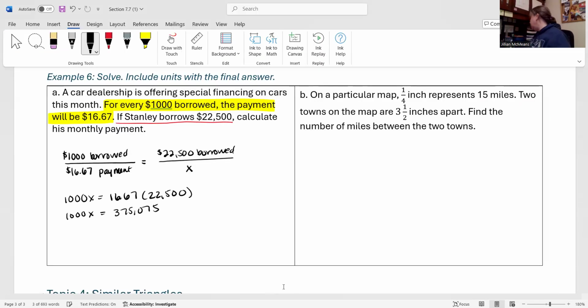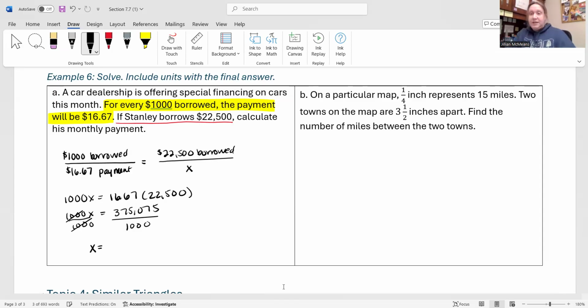Let me check to make sure I don't forget the number. Yeah. Okay. So now what we have to do is we have to figure out what x is. Well, to get x by itself, we need to divide by its coefficient. So we're going to undo the multiplication of 1,000 and x. So we divide both sides by 1,000. 1,000 divided by itself is just 1. 1 times x is x.